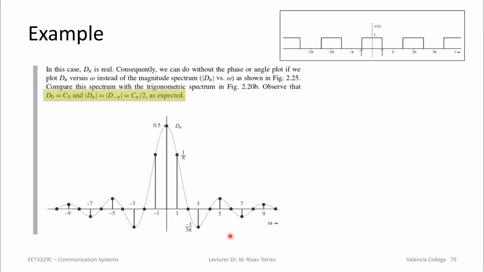And anytime I go to 5, I look at minus 5, they have the same magnitude. Same thing for minus 7 and plus 7. They're the same. That's what this is saying. And the D n's equal the C n's over 2 from the Fourier series.